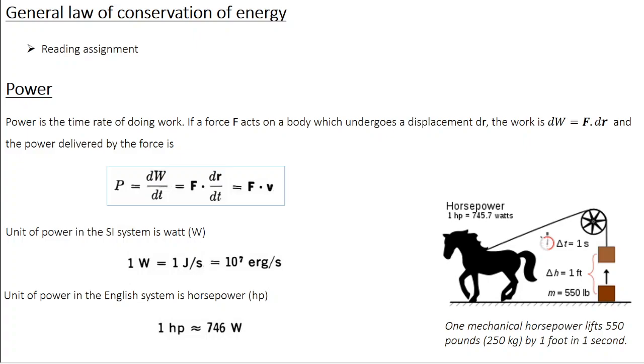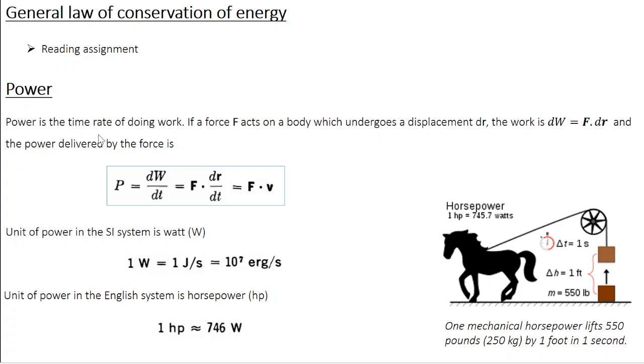And before winding up the discussion on work and energy, let me introduce another important parameter related to work, which is power. So power is defined as the time rate of doing work. So if a force F acts on a body which undergoes a displacement dr, then we know that the work done dW equal to F dot dr, force into displacement.